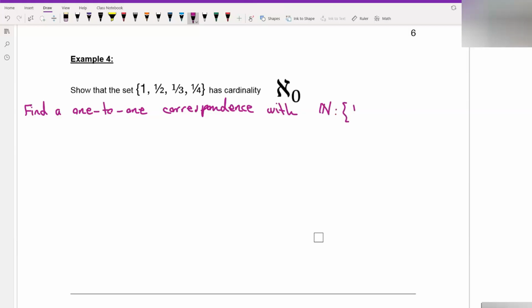So first writing what I have here, natural numbers, and then I'm going to compare this with what I have here.